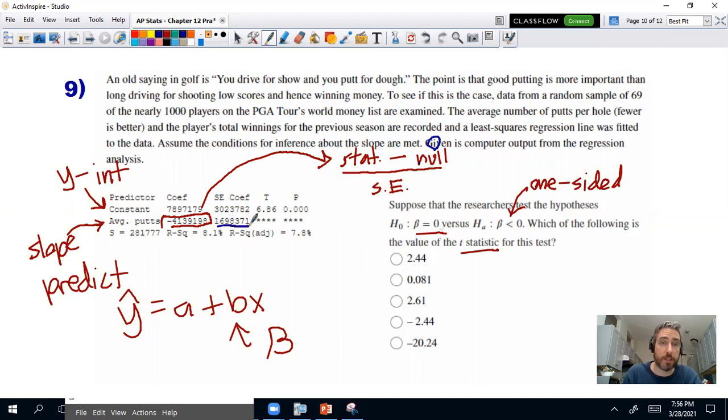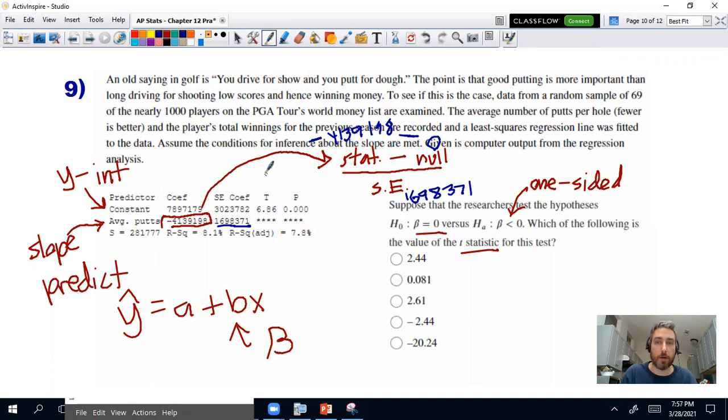That's 1698371. You don't have to calculate that. That's going to be given to you. That's a complicated formula, and that's not brain space we need to be using. So we're going to be given that, and our statistic here is going to be that negative 4139198. Since you're subtracting 0, it's going to be negative 4139198 divided by 1698371.